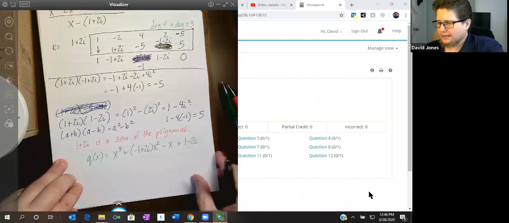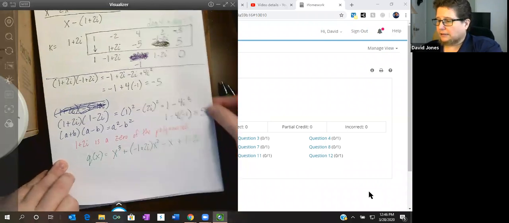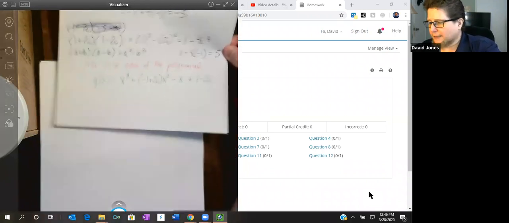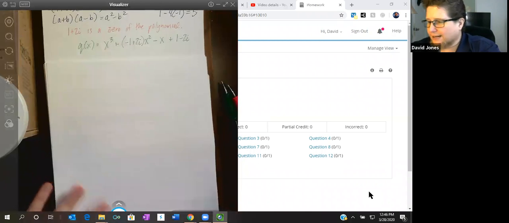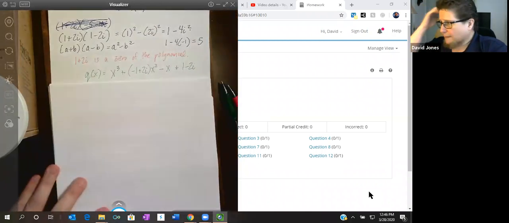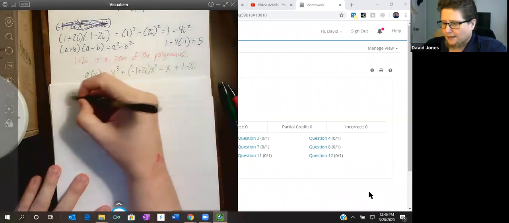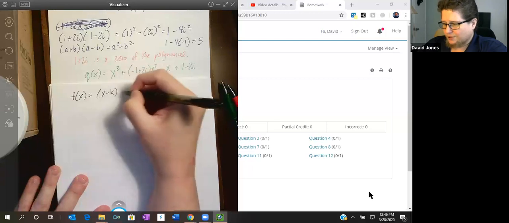This is where something pretty neat comes out. It comes up again later. It's not even in this section, but while we're covering synthetic division, I thought we'd do it here. I'm going to rewrite this as f of x equals x minus k times q of x.